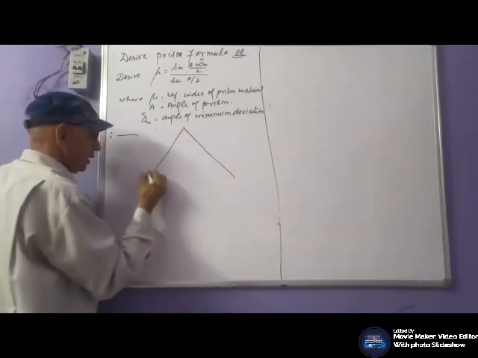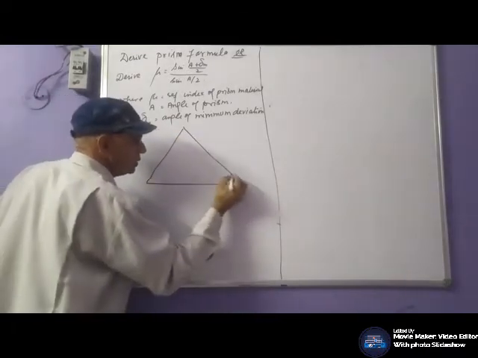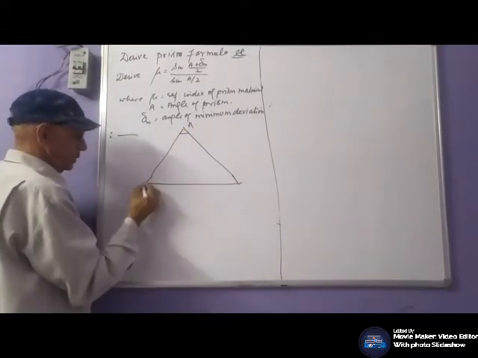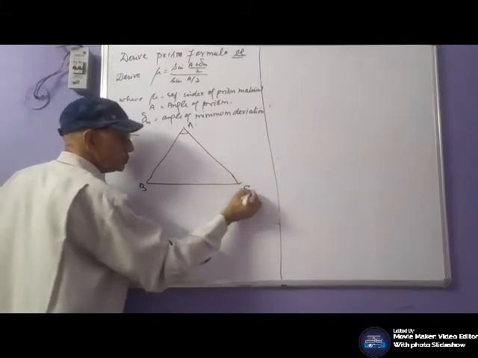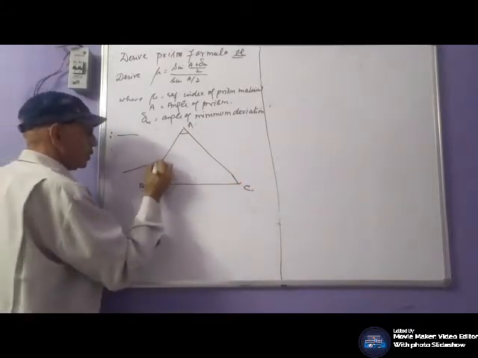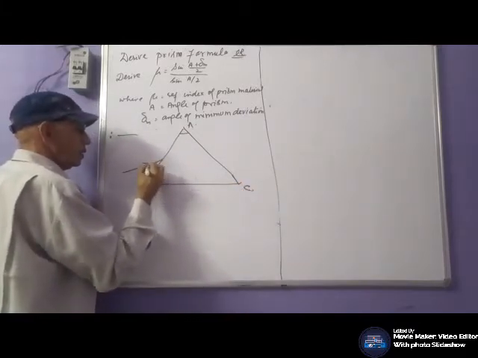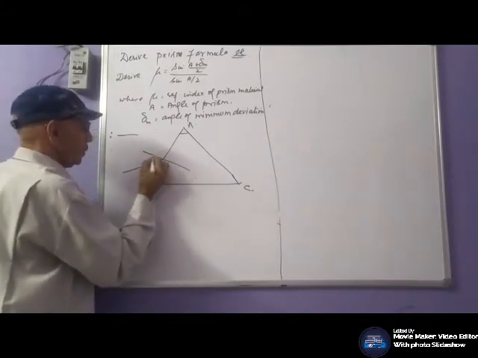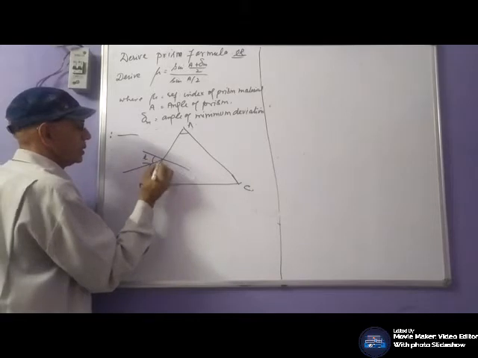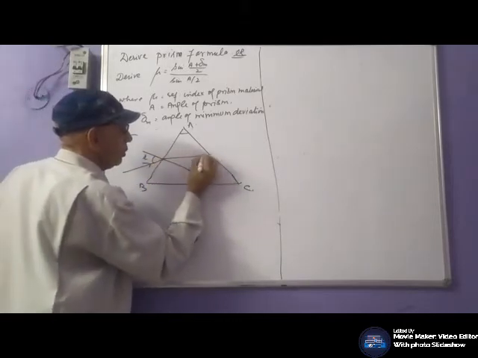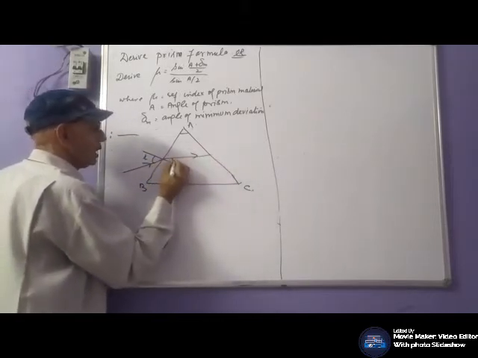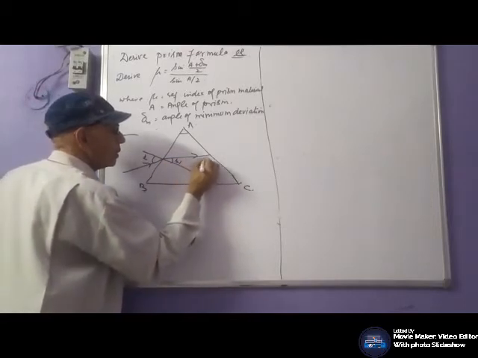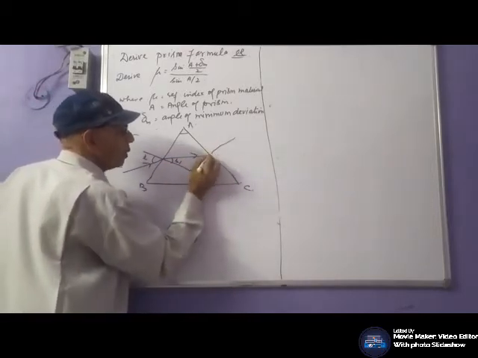Again, draw rays as we have already drawn. This is A, angle of prism. Incident ray, angle of incidence, bend towards normal. This is R1. Again normal, away from normal.